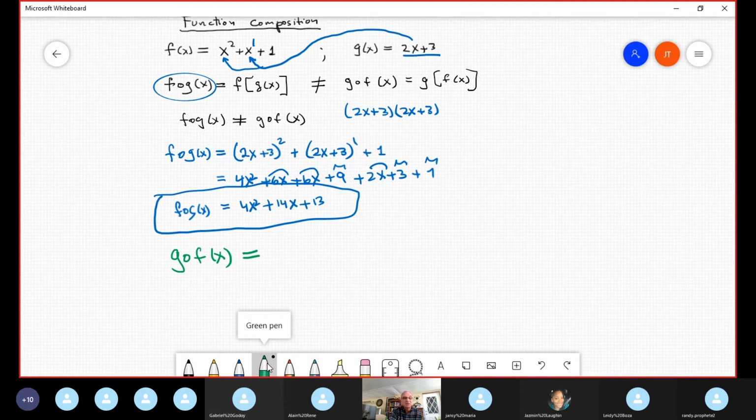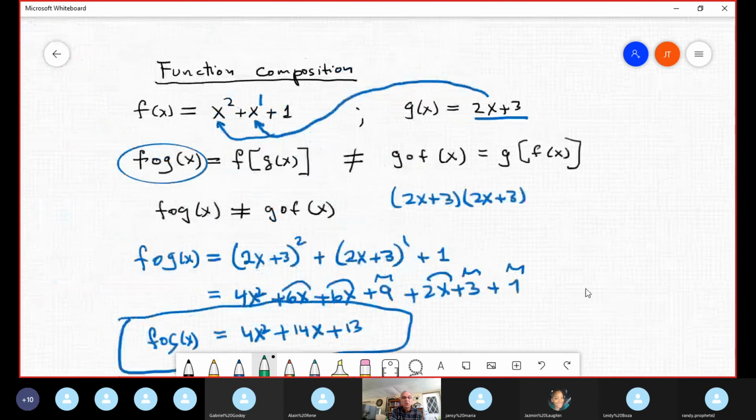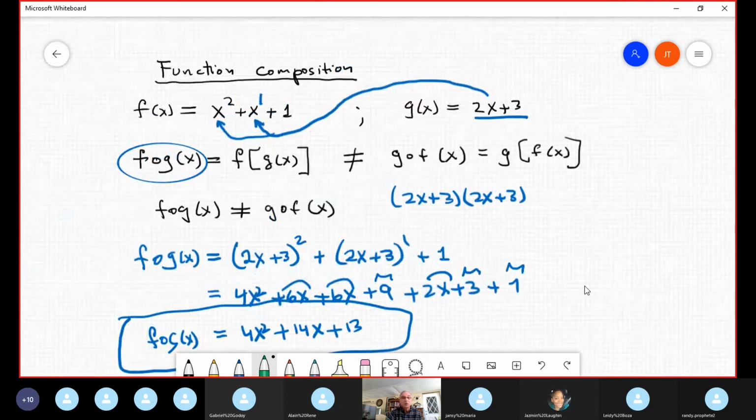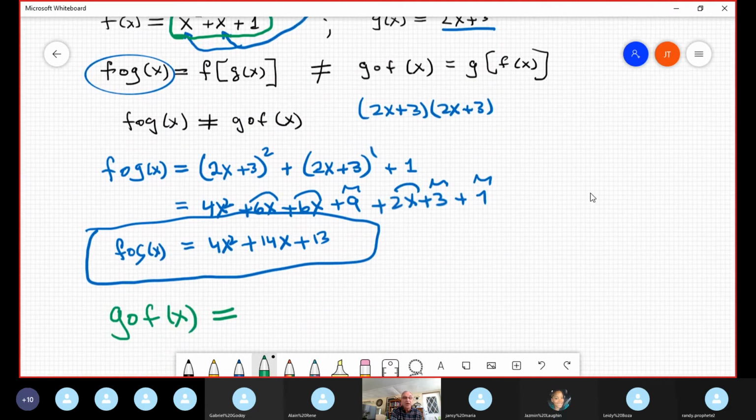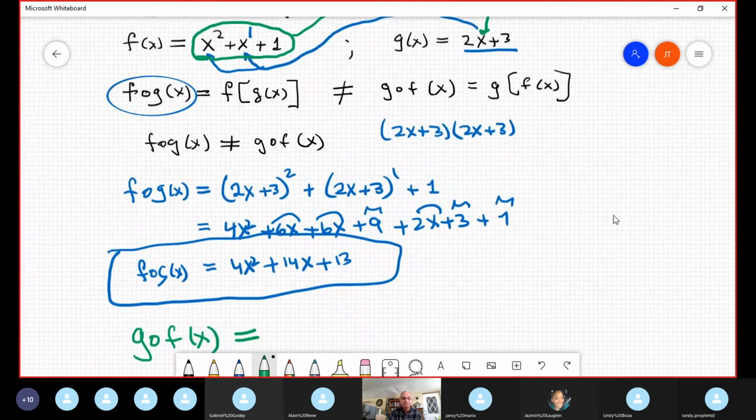I suppose it's easier, because the entire F goes inside G in this order. You replace x for F. So 2 times x squared plus x plus 1, plus 3.